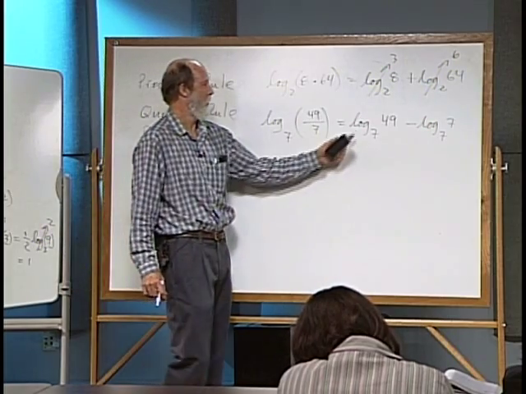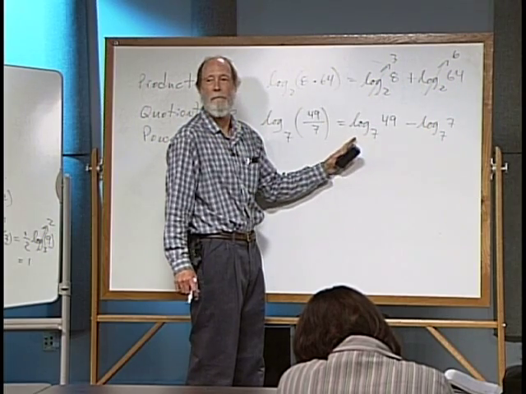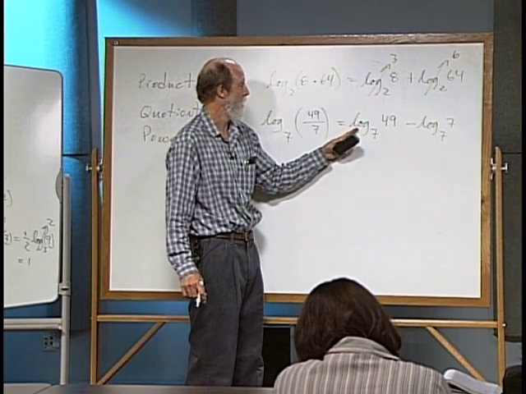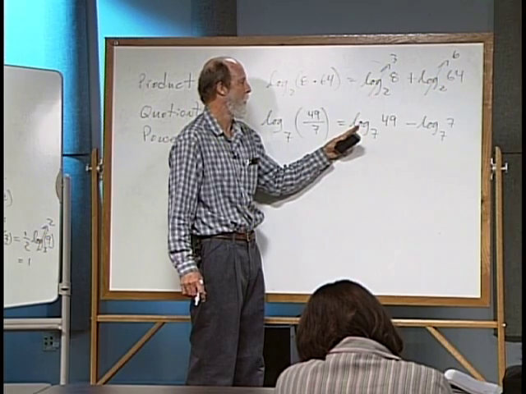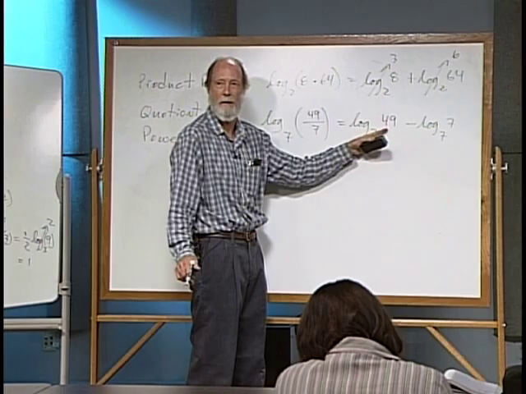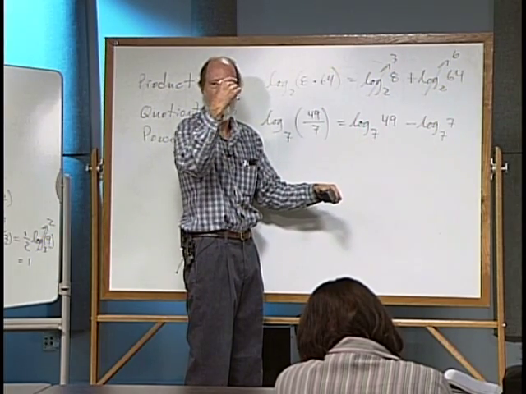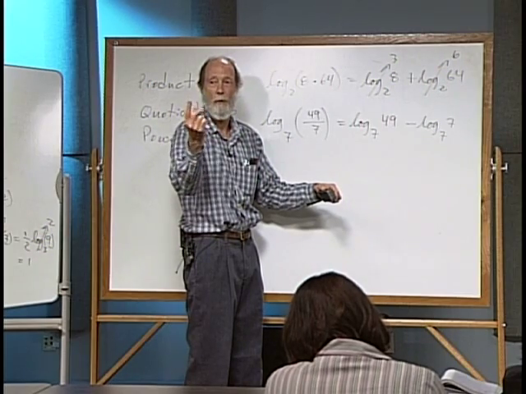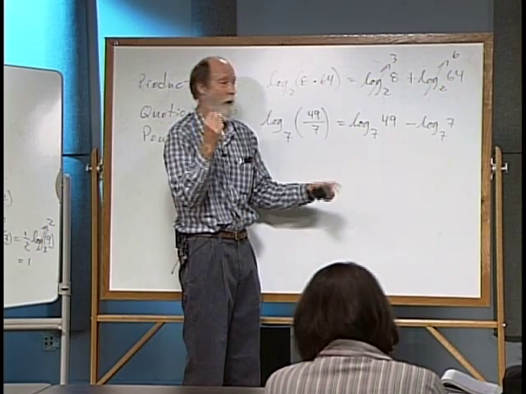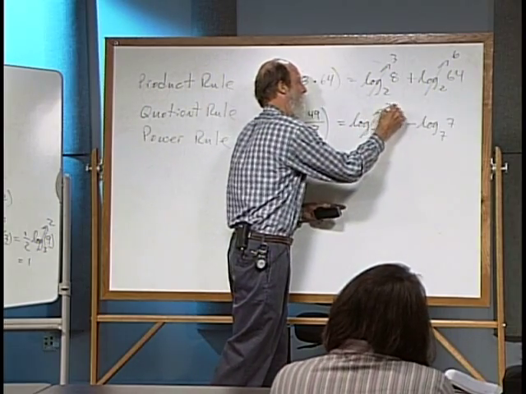Taylor, what's this first one? Log base 7 of 49. Careful, what's the exponent? What's the exponent of 7 that gives you 49? The exponent of 7 that gives you 49 is 2.